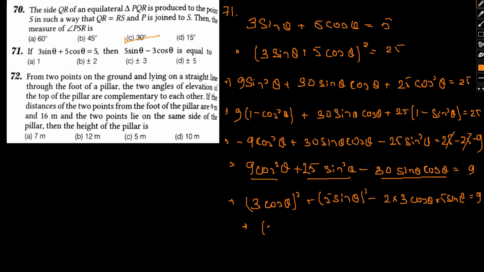(3 cos theta minus 5 sin theta) whole square is equal to 9.